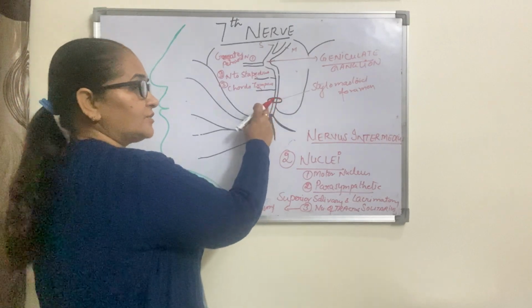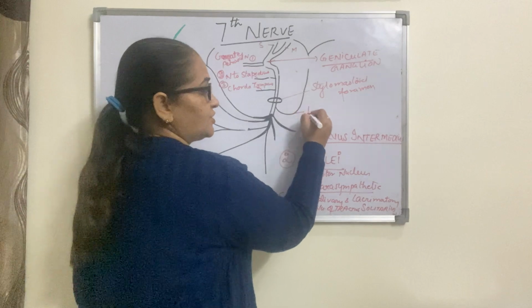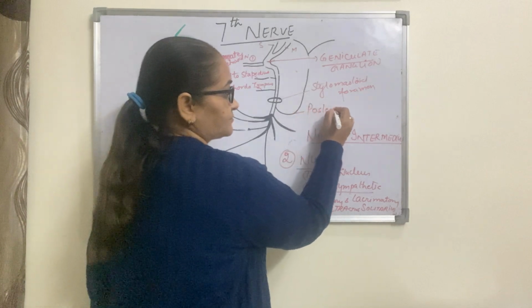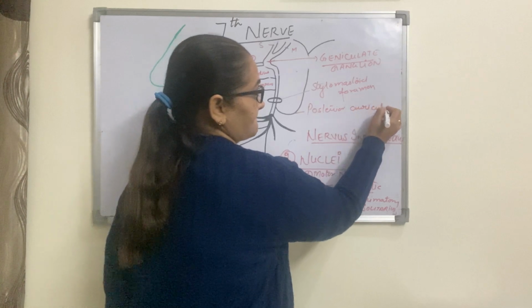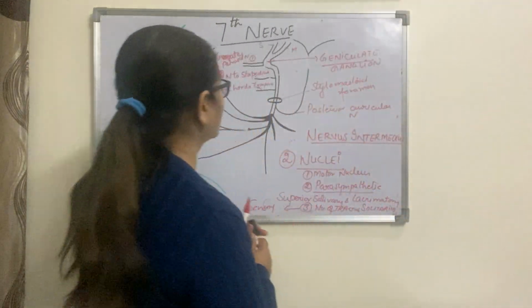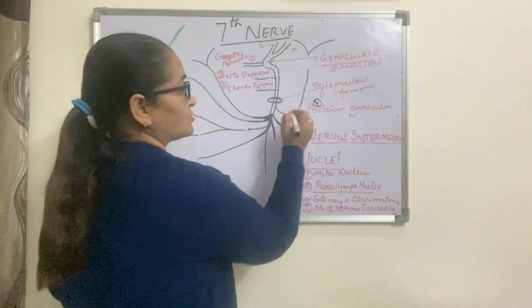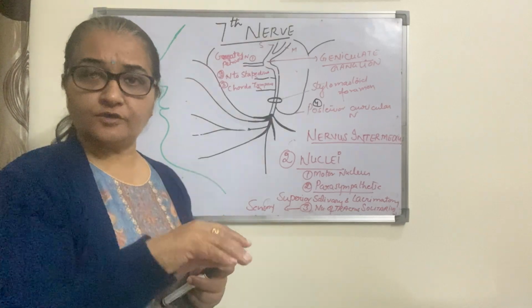Once it leaves through the stylomastoid foramen, it gives one branch, the posterior auricular nerve. So this is the fourth branch arising from this nerve, but outside of the cranium.